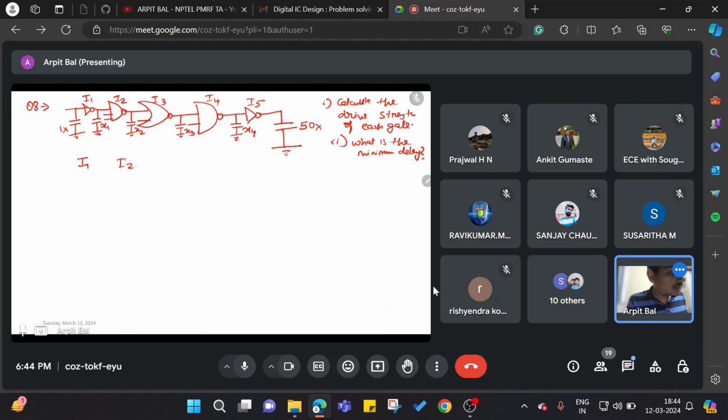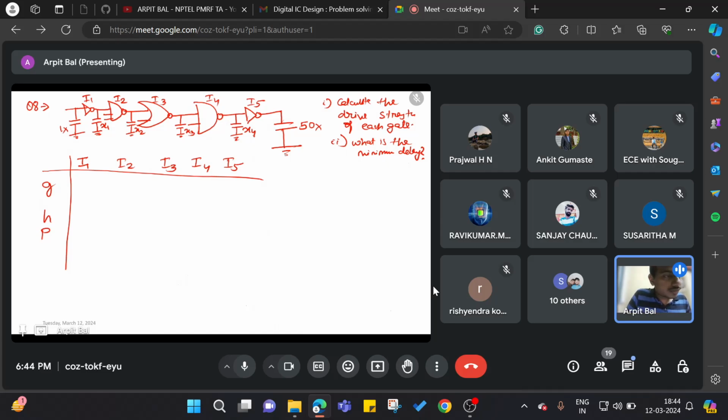So first thing we need to do is construct the table, where G represents logical effort, H represents electrical effort, and P represents parasitic effort.